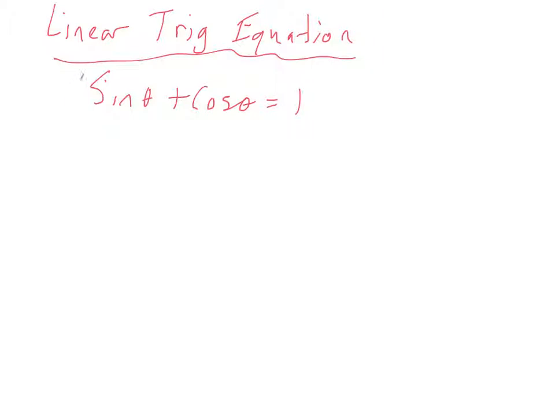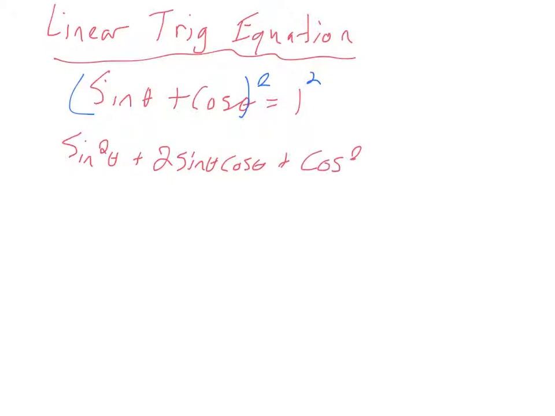So just take both sides of the equation and square them, right? And we'll get sine squared theta plus 2 sine theta cosine theta plus cosine squared theta equals 1, right? Just squaring the binomial there. First, outer, inner, last.